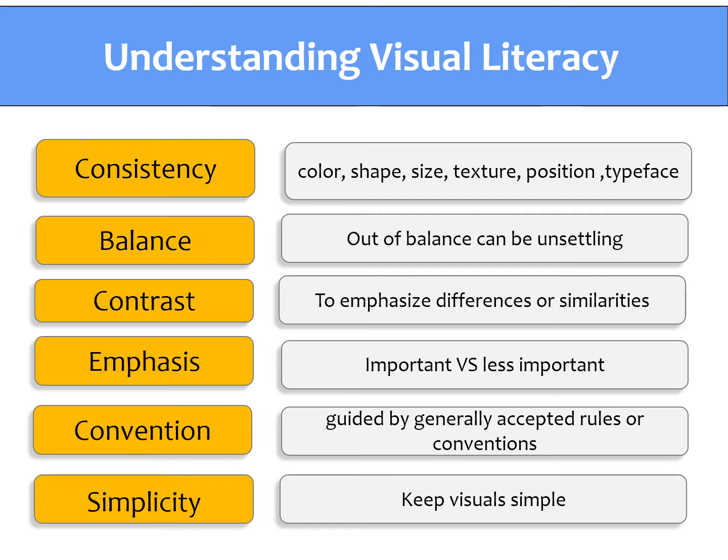The next one here is convention. Visual communication is guided by generally accepted rules or conventions, similar to written communication, which is guided by spelling, grammar, punctuation, and sentence structure, and things like these are conventions. Many conventions are so ingrained in a given culture that people do not even realize that they are following them.